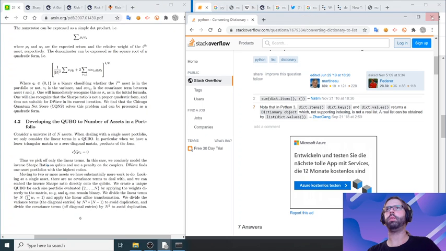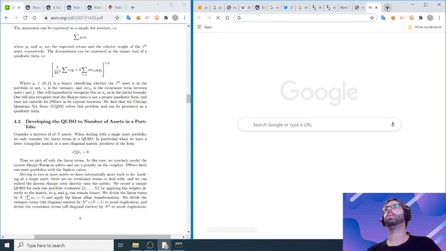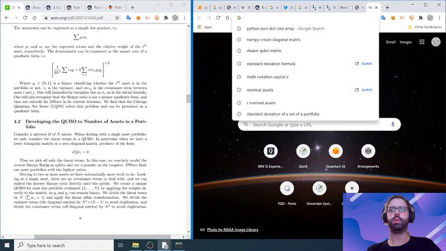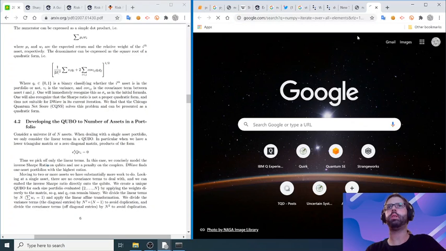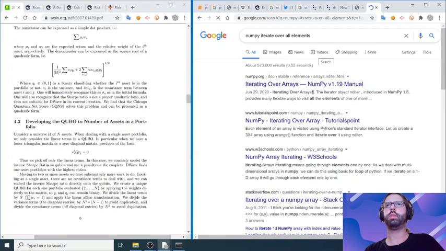Come on. What is the CPU? 56%. So NumPy iterate over all elements of matrix.